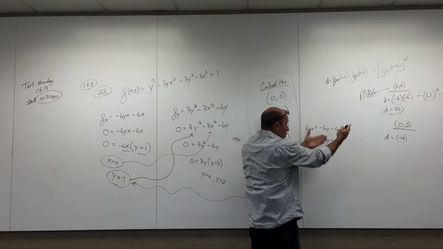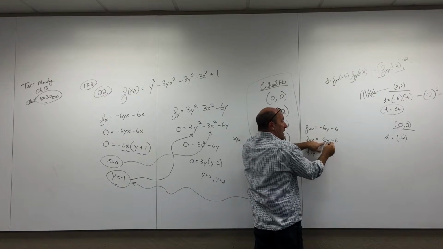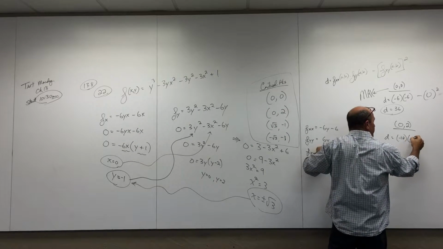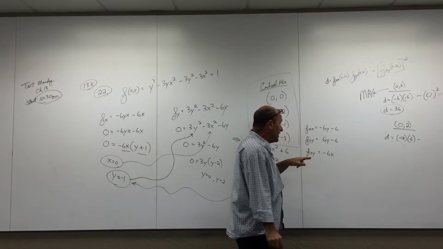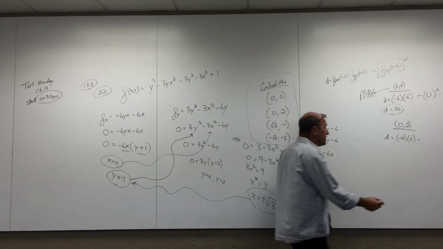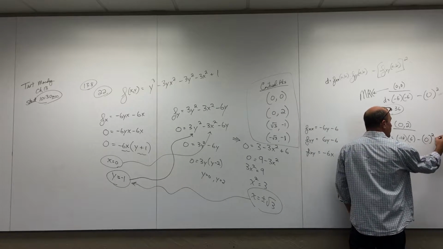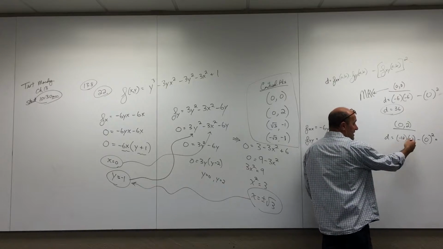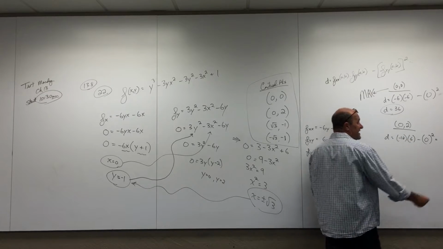I've also plugged that point into the fyy, but now y is 2, so that's 12 minus 6, that's a 6. And then I'm plugging in x is 0, so that's 0 squared. Anyway, this is negative 108.